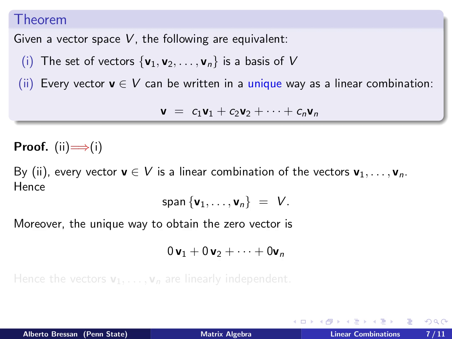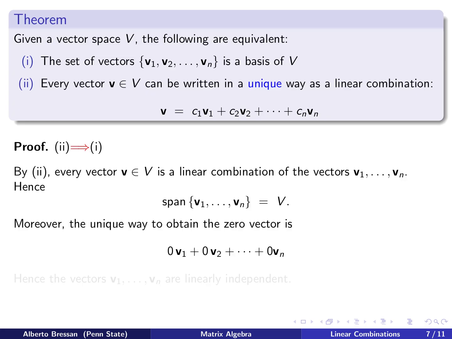And second, we need to show they're linearly independent. Let's say I want to obtain the zero vector. I see that I can choose all the coefficients to be zero, which will give me the zero element. Is that the unique way of doing it?